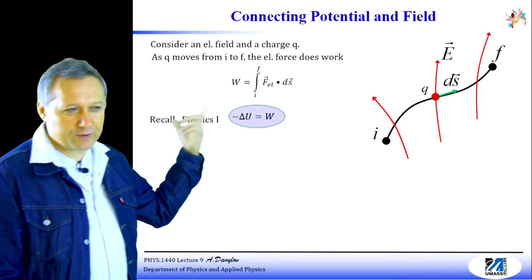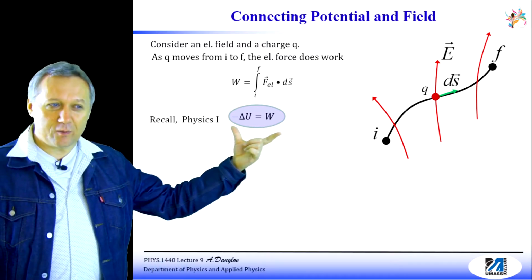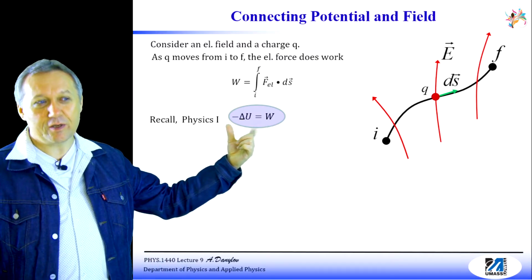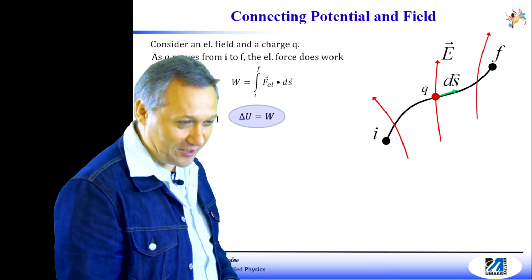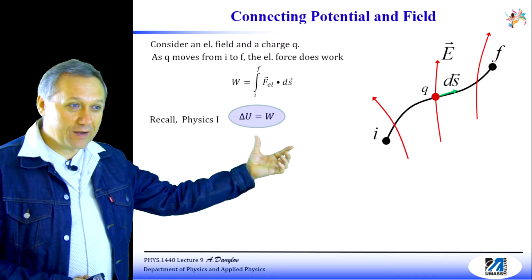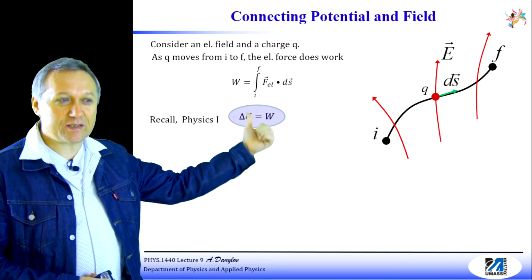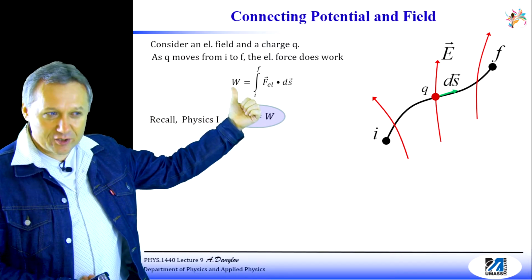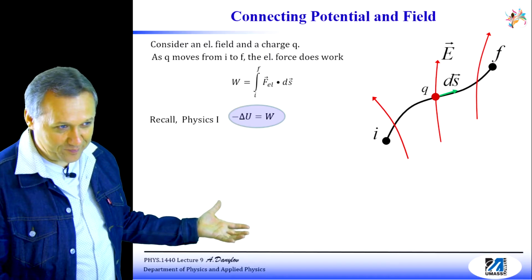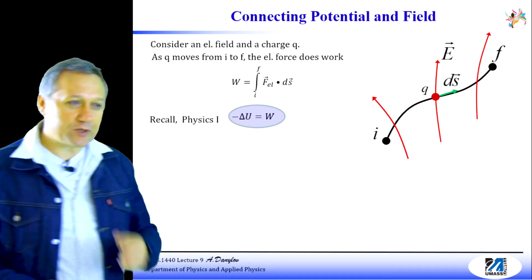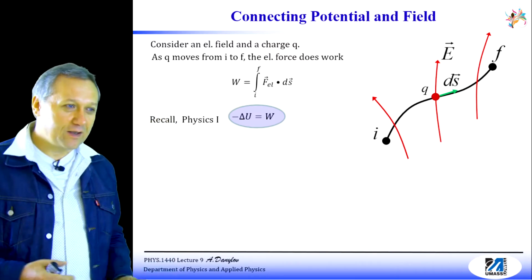Again, recall physics 1: if force is conservative, work done by that conservative force is equal to the negative change in the electric potential energy. And since potential energy is connected to the electric potential, that's how electric potential is going to appear on the left-hand side of this equation.